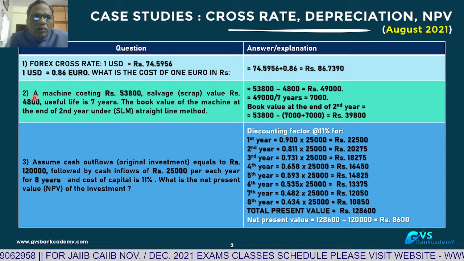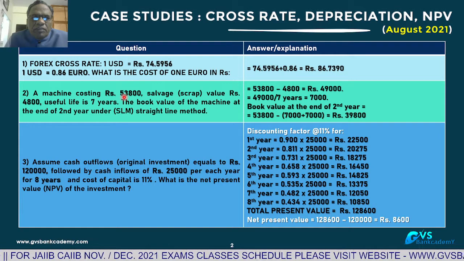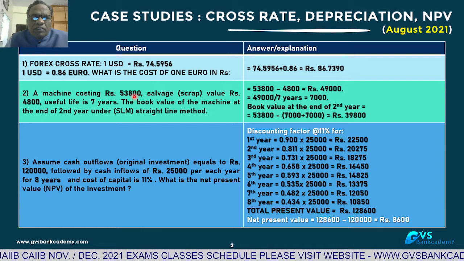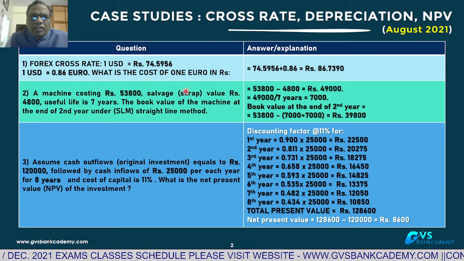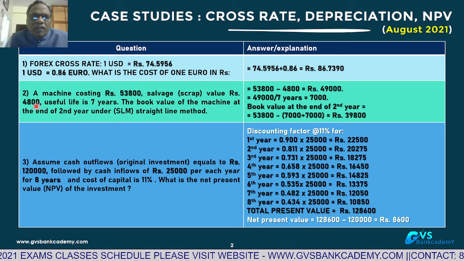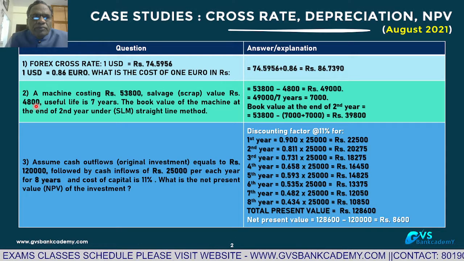Number 2, depreciation. The cost of the machine is 53,800. The useful life is 7 years, which means at the end of 7 years you get a scrap or salvage value of 4,800.